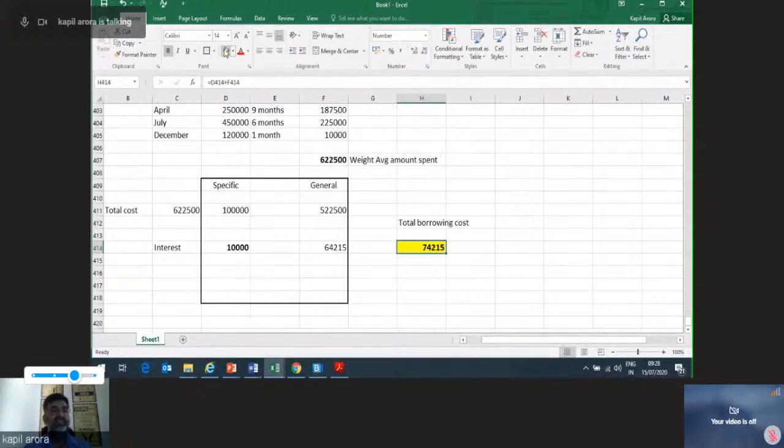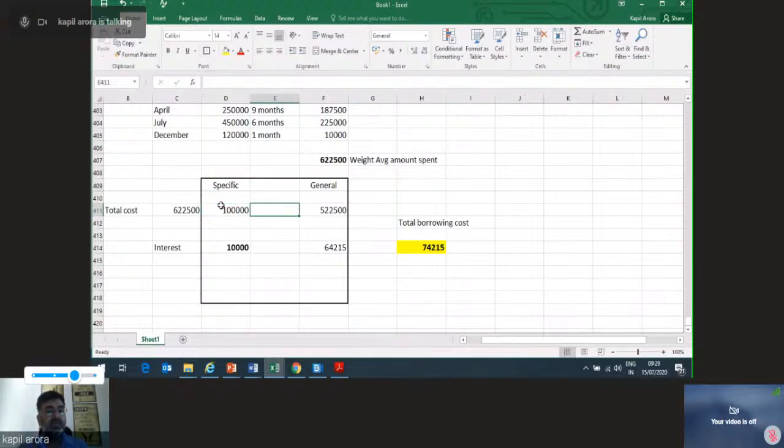So the difference here is in specific borrowing cost. We do not bother when and how much amount we have spent. If I have taken a loan of 1 crore, I will add interest on 1 crore, doesn't matter if I have spent just 50 lakhs out of that. So interest on 1 crore will be added, minus the temporary investment income which can be there.